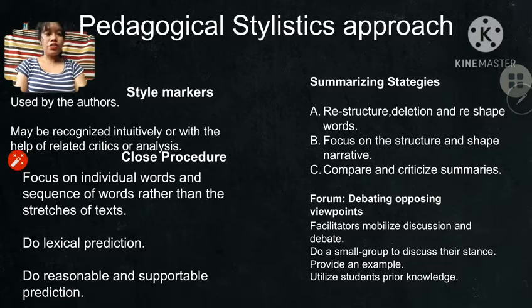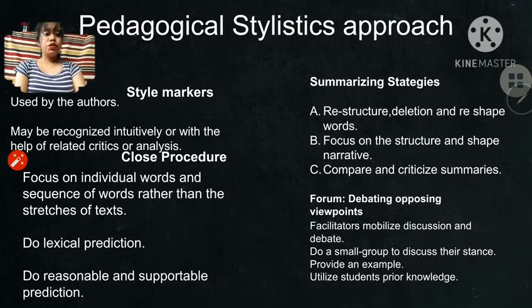have a depth understanding. Another is summarizing strategies by restructuring, deleting some least important details or words, then reshaping their words to meet the word limit, which is 25 to 40 words.